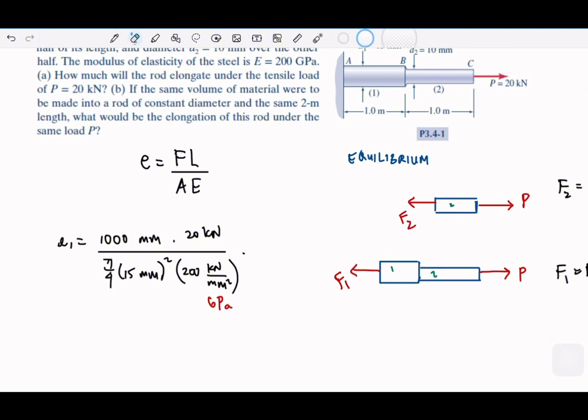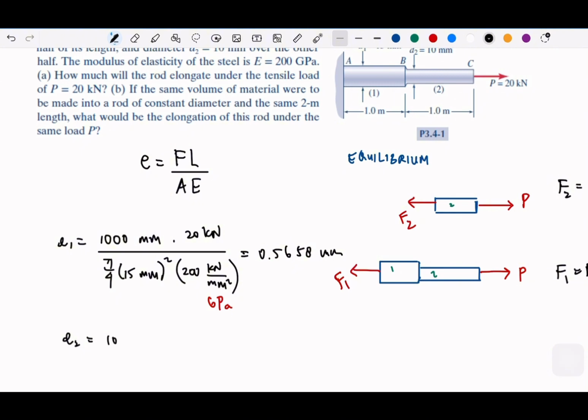Let me check and calculate. This should be 0.565 millimeter.